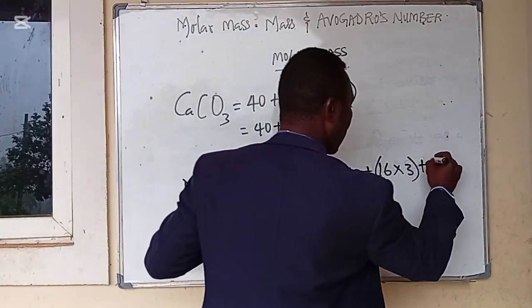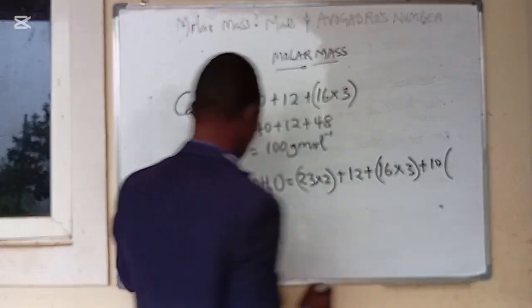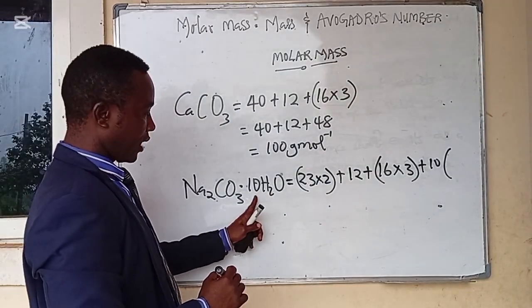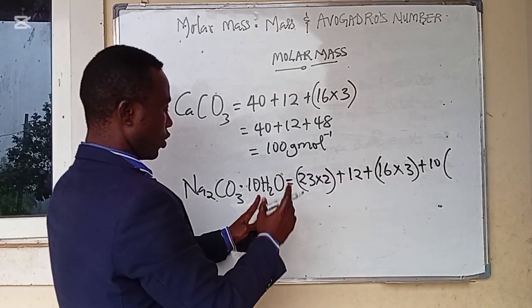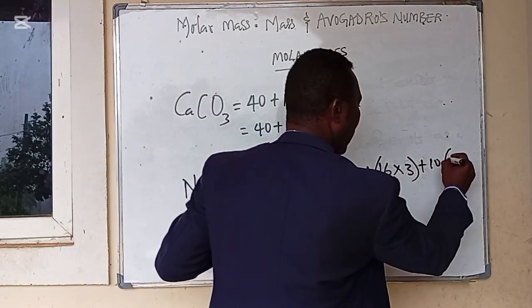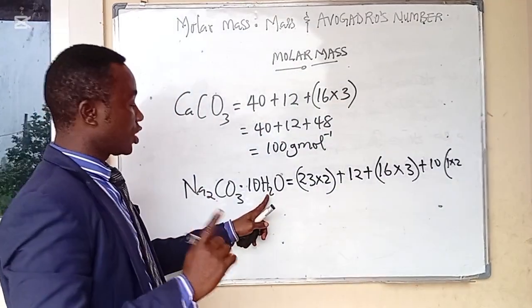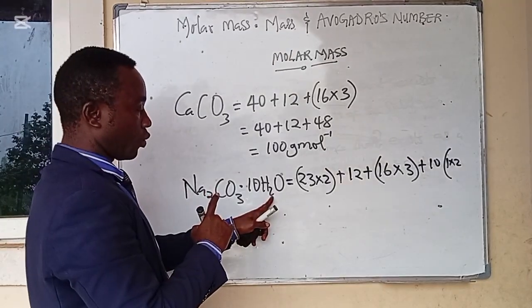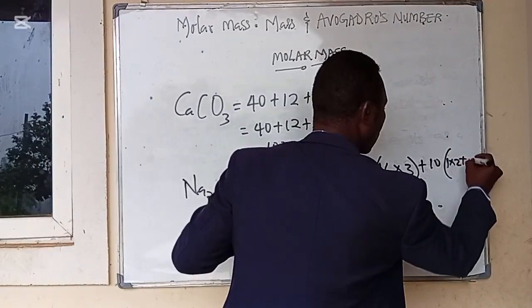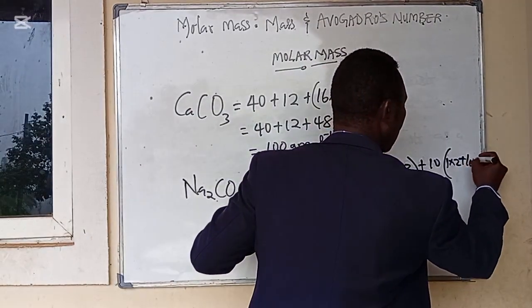So when we do this, we add plus, you have here 10, brackets, water, 10 H2O. So we multiply all this H2O. And H2O means 1 times 2 for hydrogen, because the atomic mass of hydrogen is 1 times the number of atoms, which is 2. Then plus oxygen, 1 oxygen, which is 16.